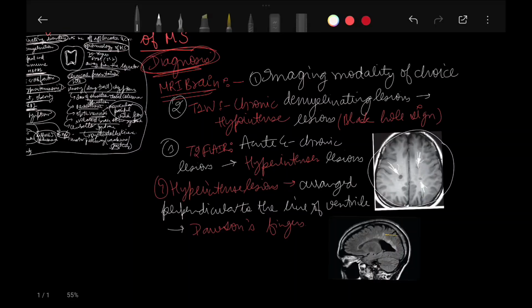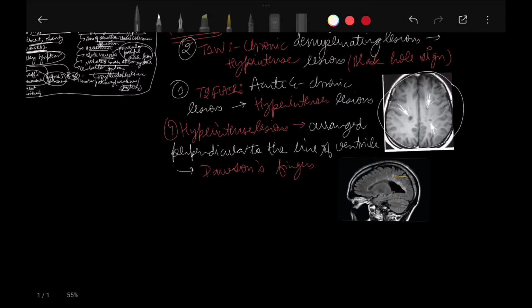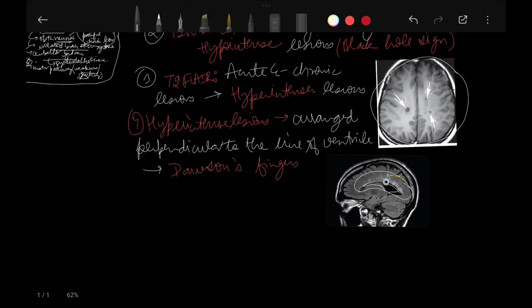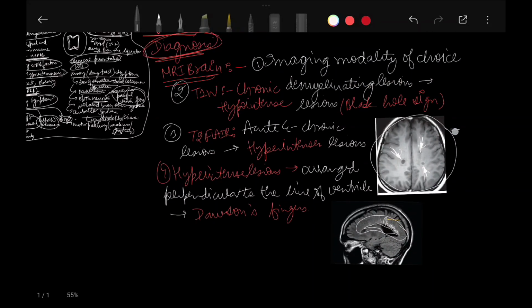T2 FLAIR shows acute and chronic lesions, and the hyperintense lesions are arranged perpendicular to the line of the ventricle. These are known as Dawson's fingers. This is the T1 and this is the T2 FLAIR, or the Dawson's fingers, and this is the black hole sign.